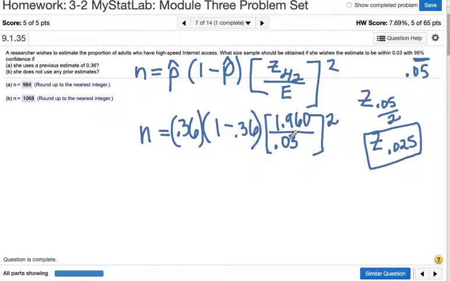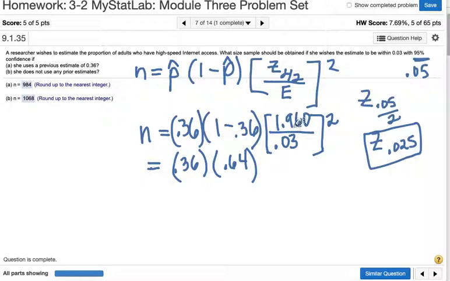So 1.960. And then from there, we use a calculator, and we can simplify it some before we jump into the calculator. So 1 minus 0.36, that's 0.64.